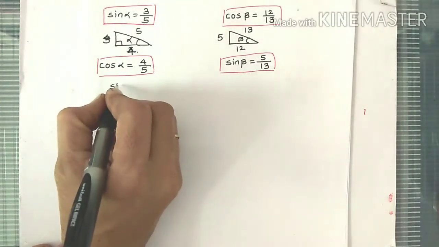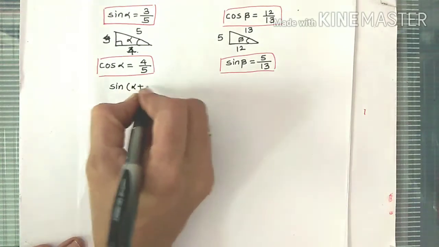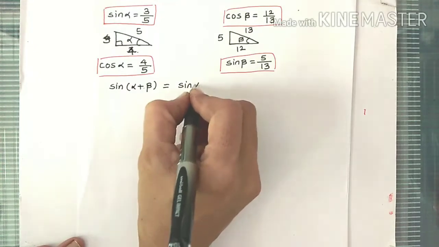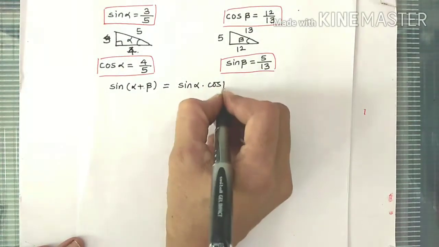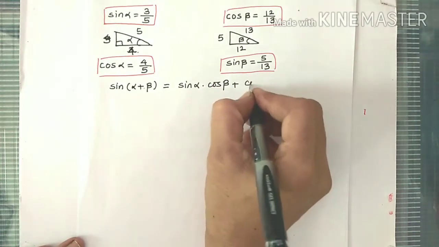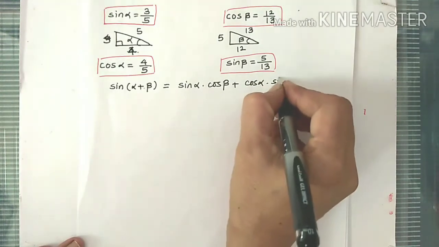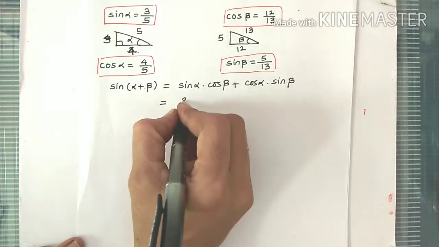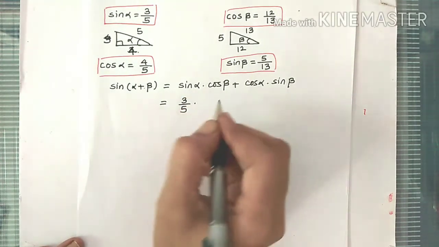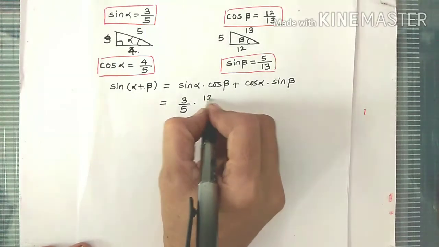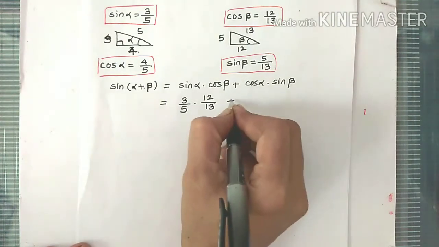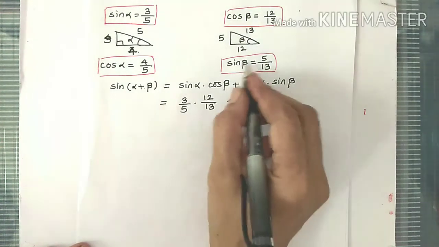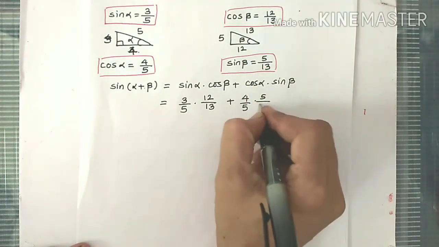So sine of alpha plus beta, using the formula sine alpha cos beta plus cos alpha sine beta. Now let's substitute the values. The first value is sine alpha, which is 3 by 5, multiplied by cos of beta, that is 12 by 13, plus cos alpha, that is 4 by 5, multiplied by sine beta, which is 5 by 13.